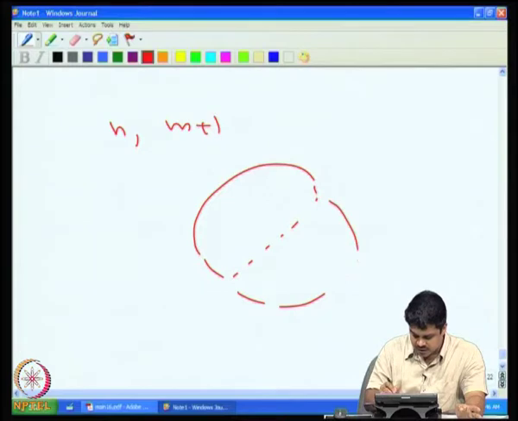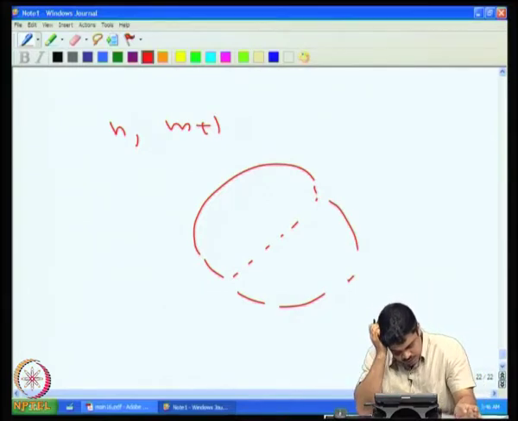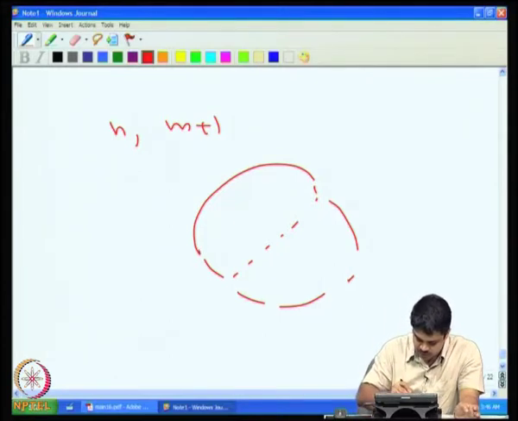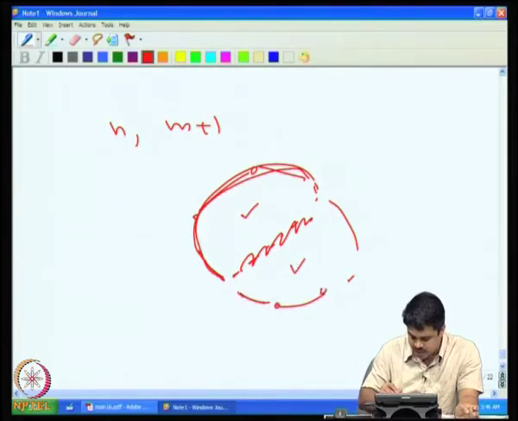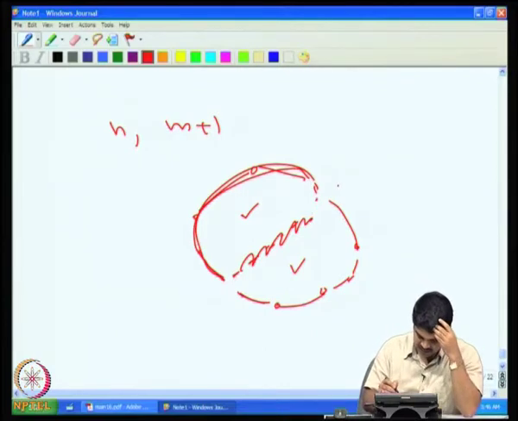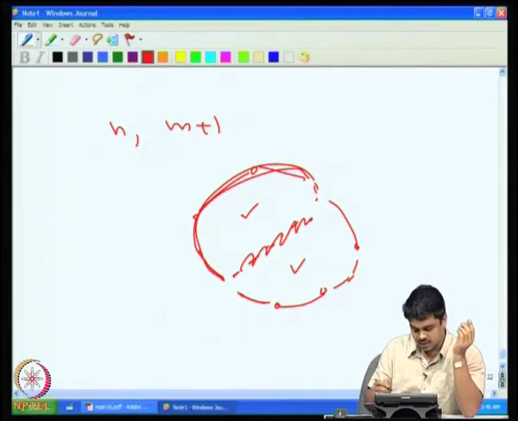Easily you can see that when you remove one edge, the number of faces changes. For instance, if this was the situation before and you remove one edge like this, these two regions combine and become a bigger face. That means the number of faces decreases by 1, while we have reduced the number of edges by 1.